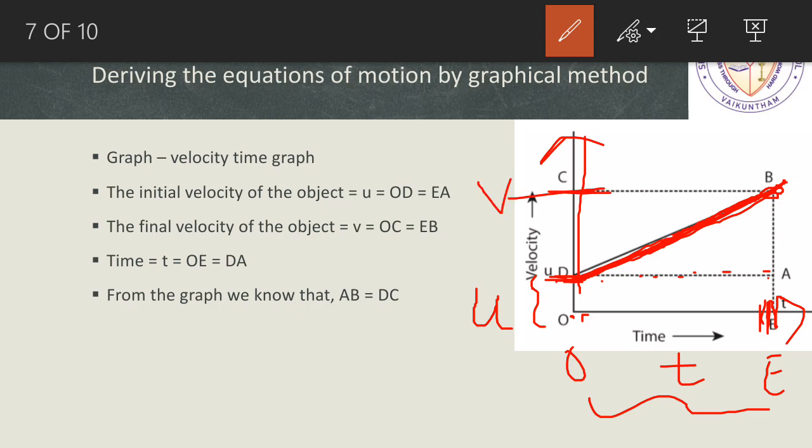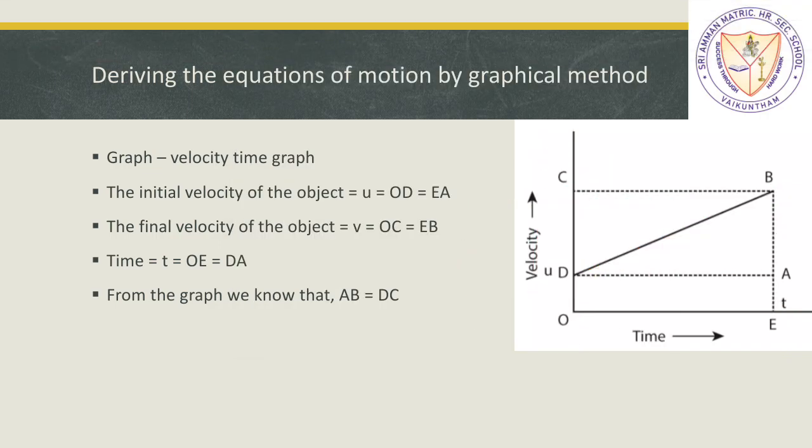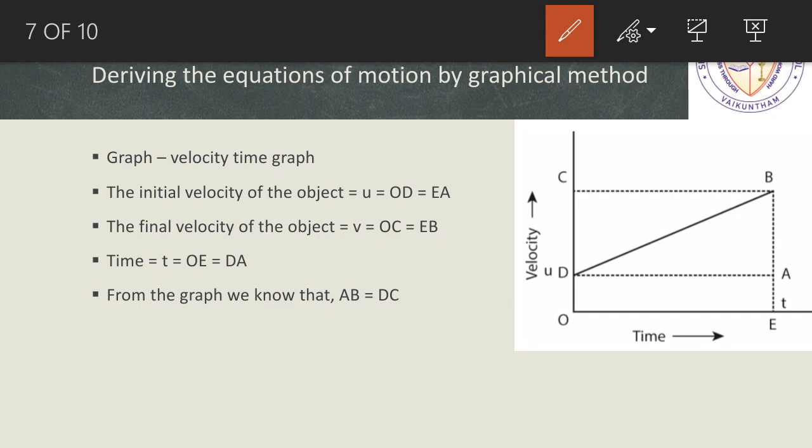Here is your V, from here to here, that is O to C. O to C and E to B are equal, and that gives us the value of V. And O to D and A to E are equal, and that is nothing but our initial velocity u.